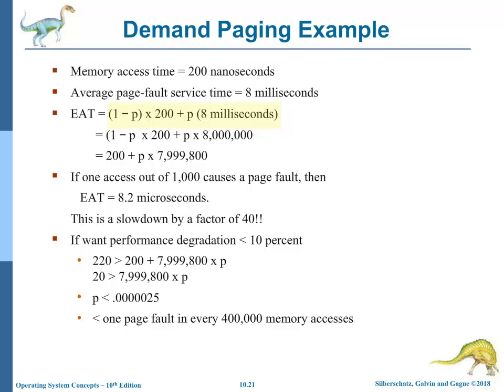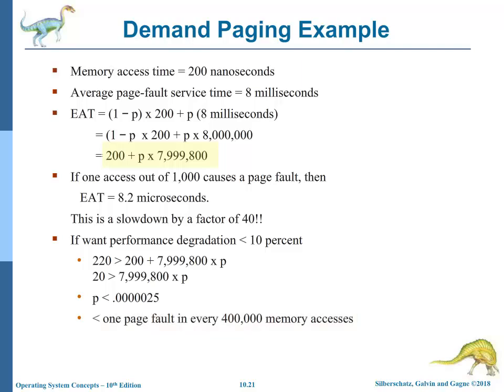P times 8,000K is for the page fault. The result is 200 plus 7,999,800 times P.